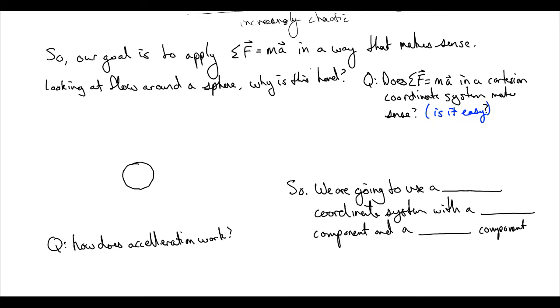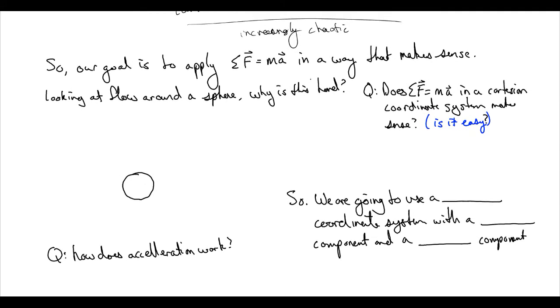So let's look for a moment, though, at flow around a sphere and see if we can tease out some way to make this a little bit easier. By the way, I just answered this question for you. Does sum of the forces in F equals ma in a Cartesian coordinate system make sense for us? I.e., is it easy? And the answer is no. And it's not, because everything is changing direction all of the time.